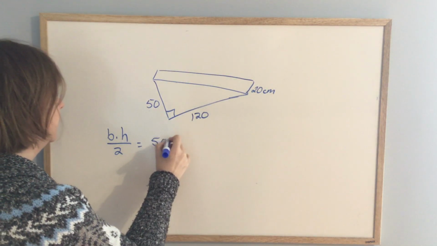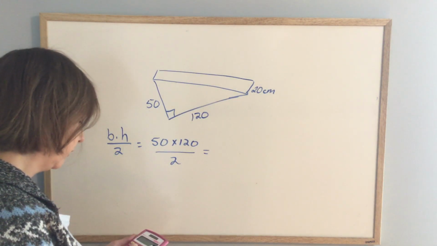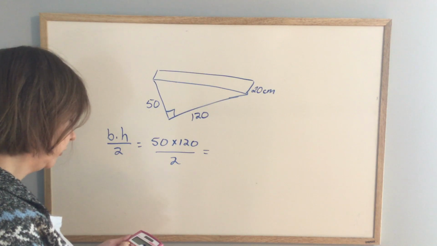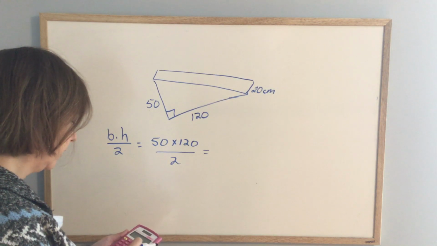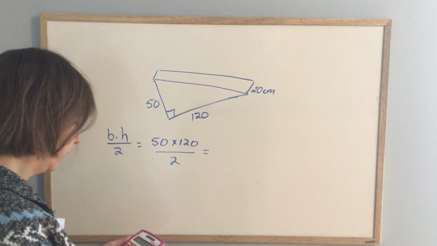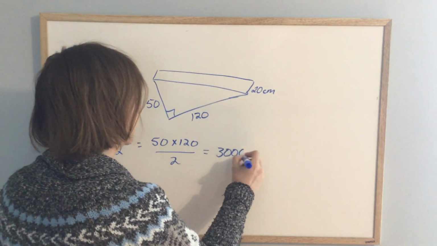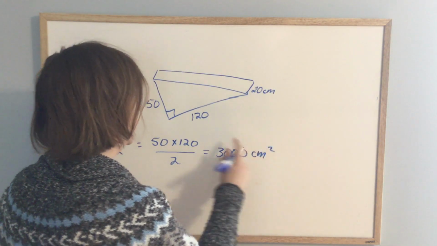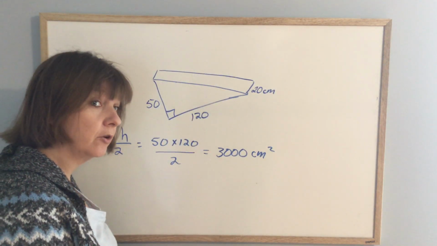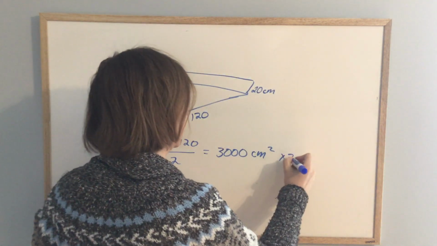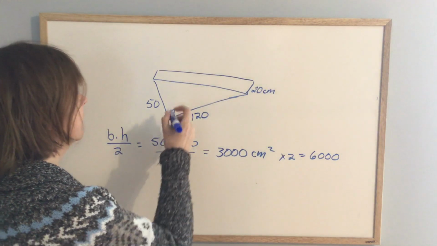It is 50 times 120 divided by 2, which is 3,000 centimeters squared. That is one triangle, but remember there's 2 of them because the bottom is a triangle, the top is a triangle. So we're going to multiply it by 2. That would be 6,000.